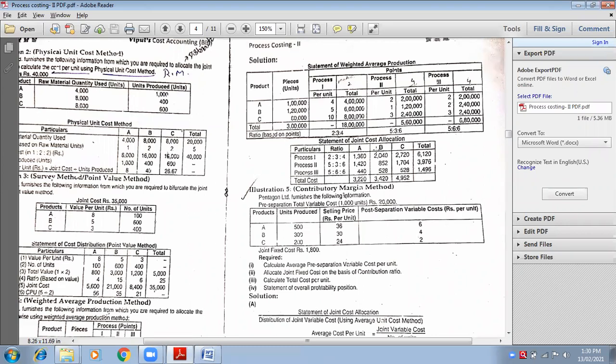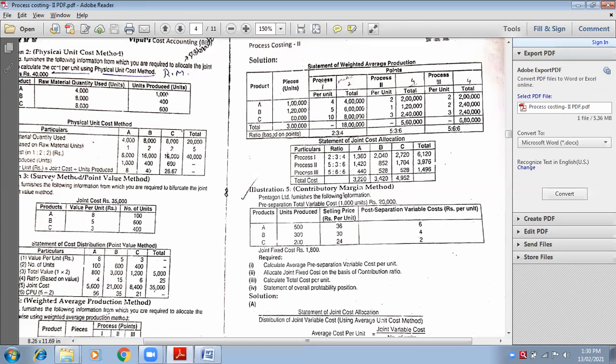It is one and the same thing. You have to make 5 columns: particulars, ratio, A, B, C. In the particulars column, write process 1, process 2, and process 3.